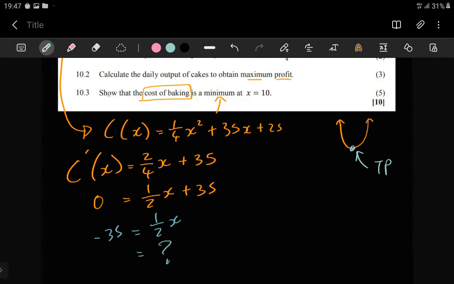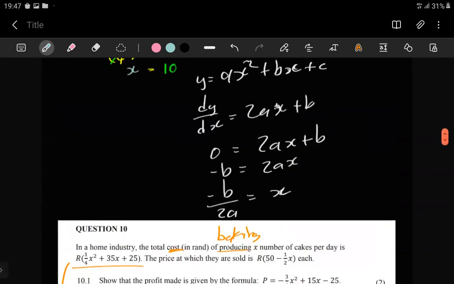But if you read the question again, show that the cost of baking is a minimum at x is equal to 10. So let's read the question again.